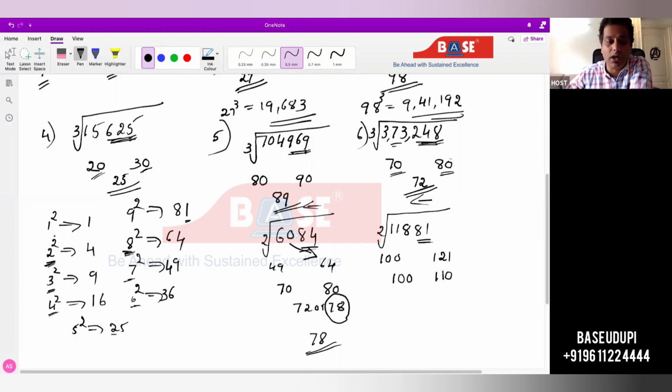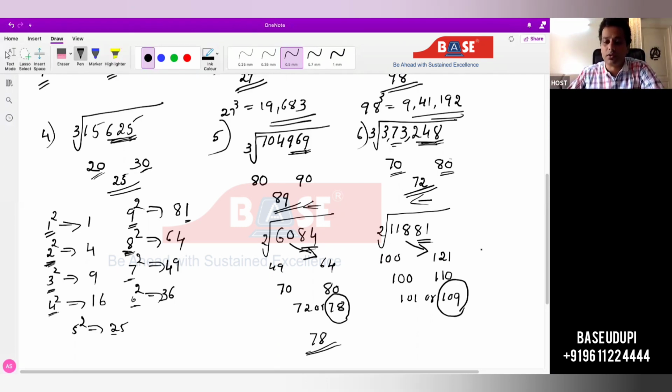Any number that ends with 1, the answer ends with either 1 or 9. So 101 or 109. But 118 is close to 121, so you need to go with 109.